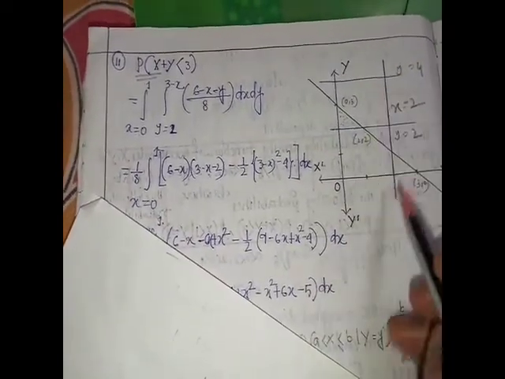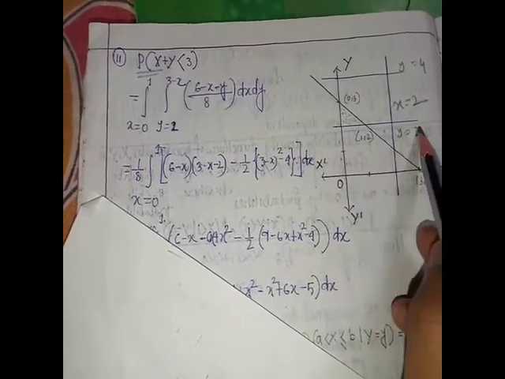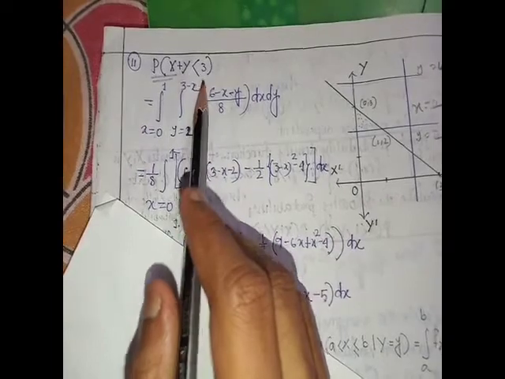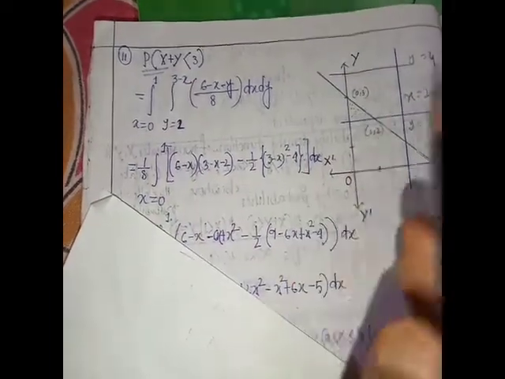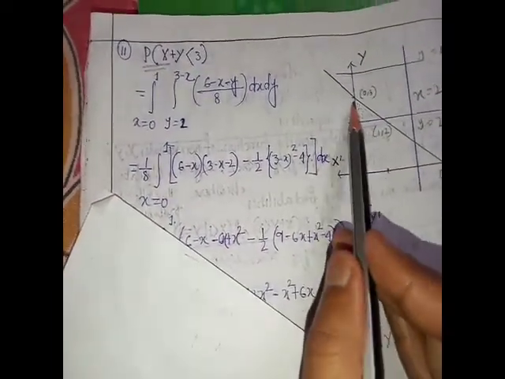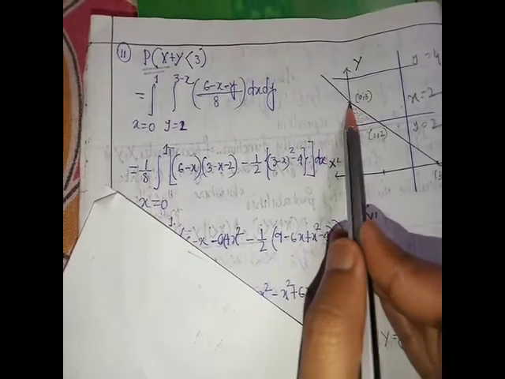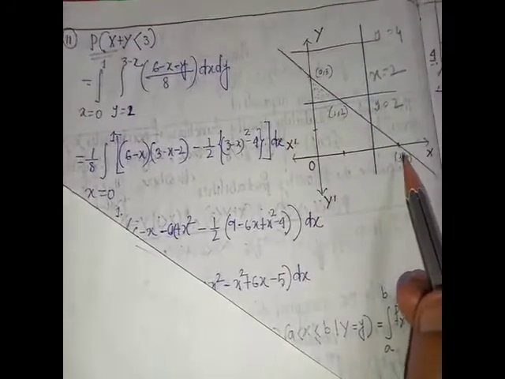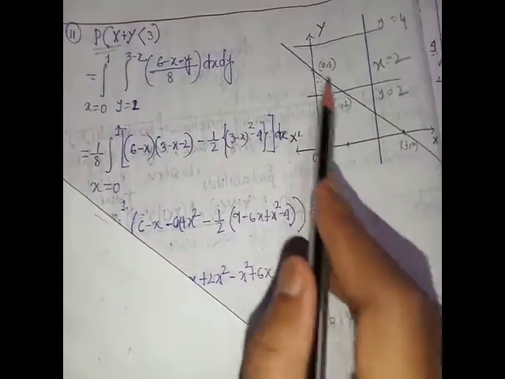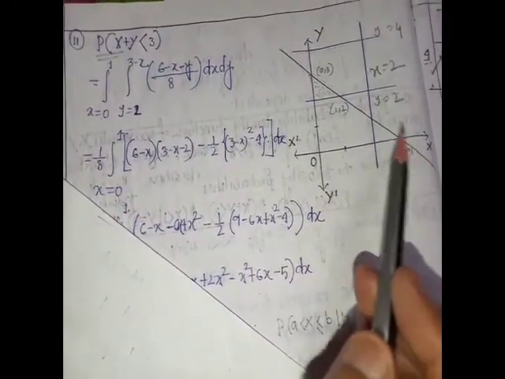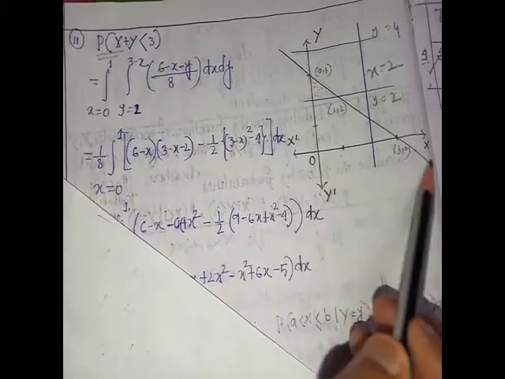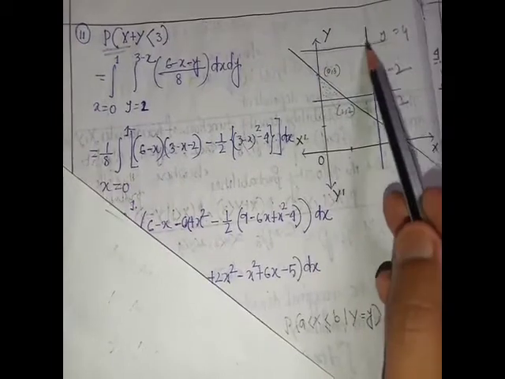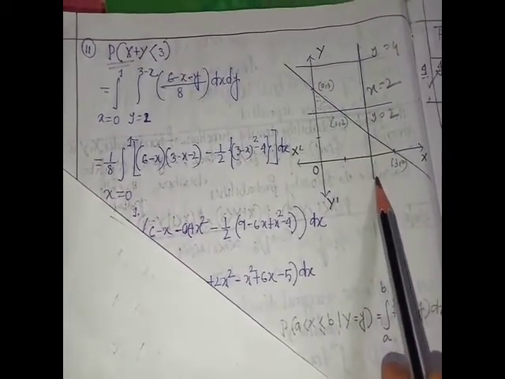And for x plus y less than 3, we draw the line x plus y equal to 3. The coordinates of this point are 0, 3, and of this point 3, 0. So this line is x plus y equal to 3.